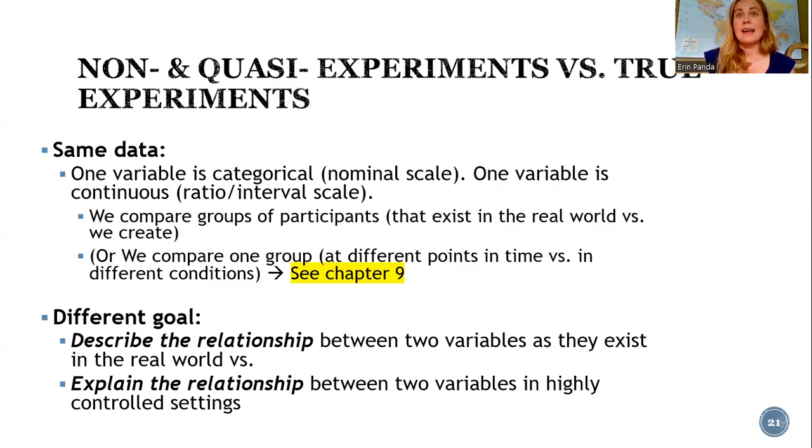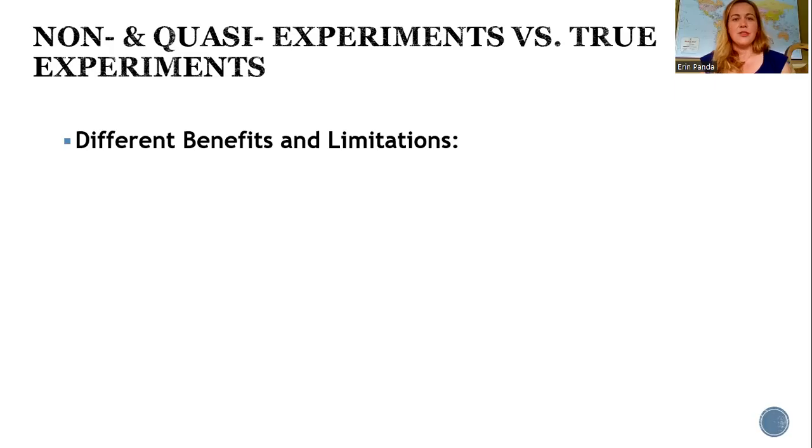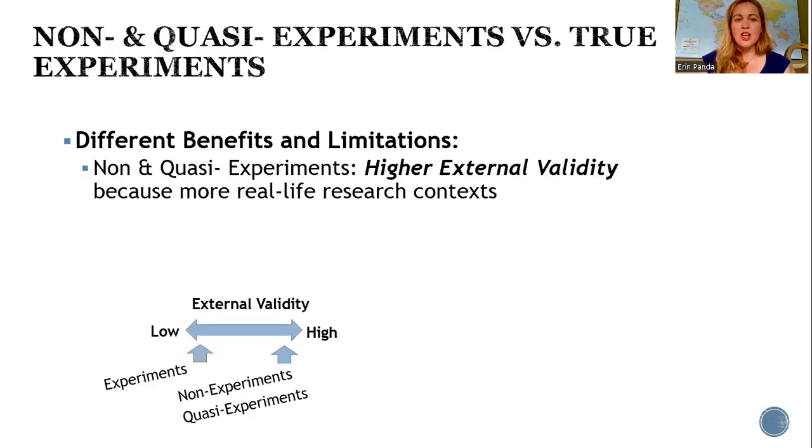Only an experiment has the goal of being able to establish a cause and effect relationship and to explain the relationship between two variables. These designs differ also in their benefits and their limitations. Non-experiments and quasi-experiments tend to have high external validity because we're comparing groups of people that already exist in the world, typically in a more real-to-life situation, doing more real-to-life tasks.